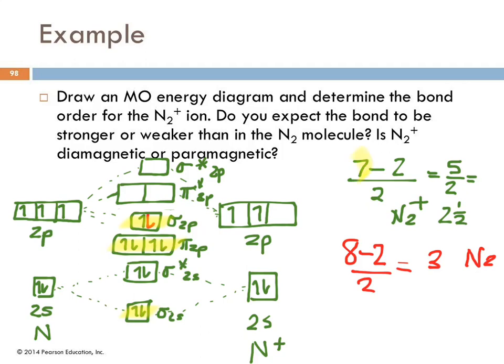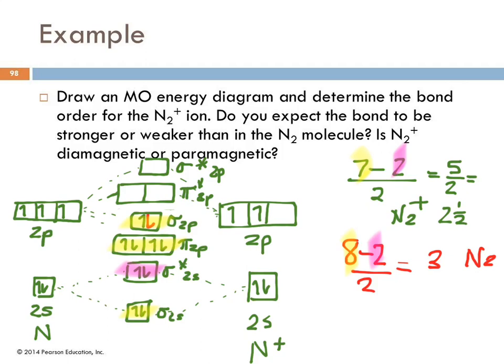Okay, that's these guys. The bonding orbitals. Oh, that's how we do that. And then these are anti-bonding orbitals. Does that help?